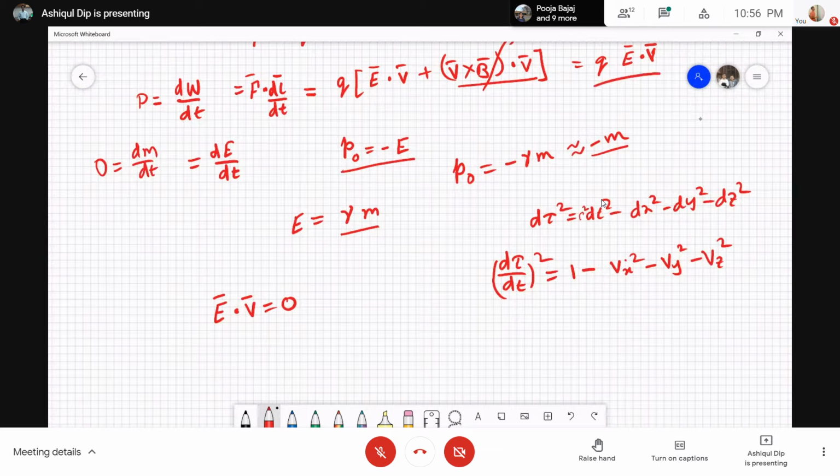Probably you're confused totally. So okay, Q E dot V on the left hand side, and on the other side we have dE over dt. So rate of change of energy. Now the question is, rate of change of energy of what? That point particle, right? Charged point particle.